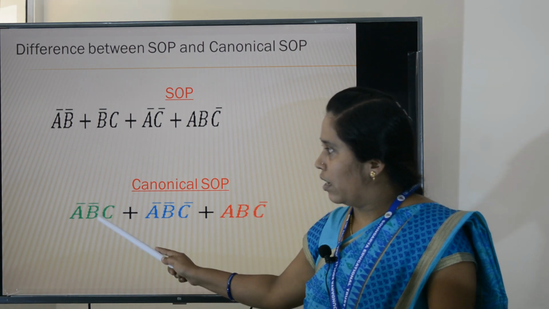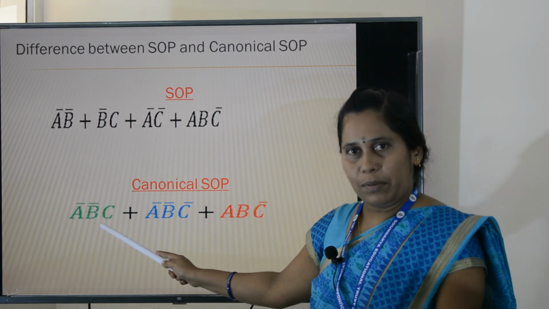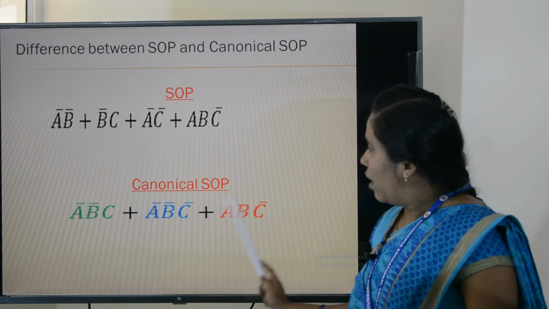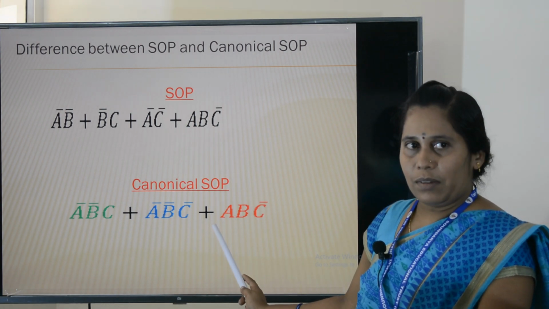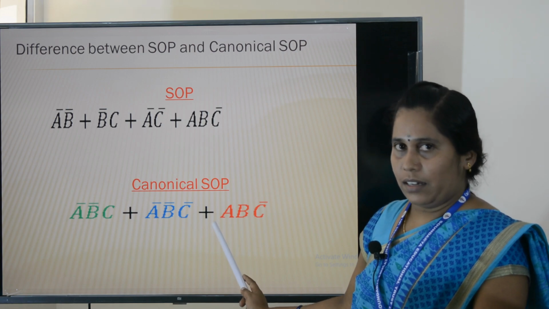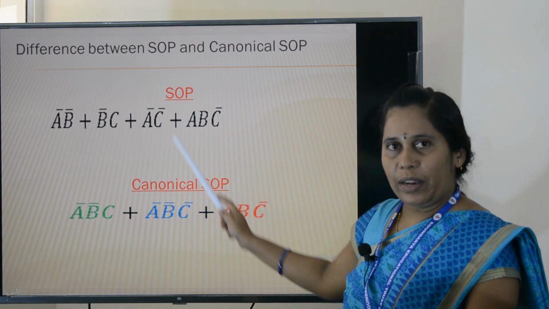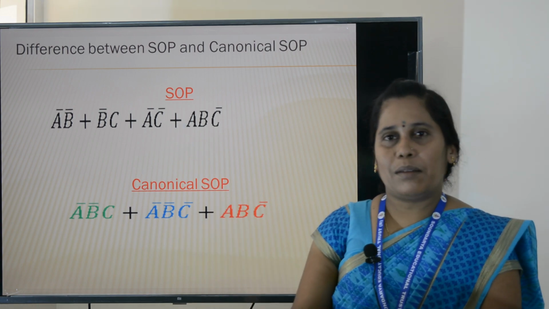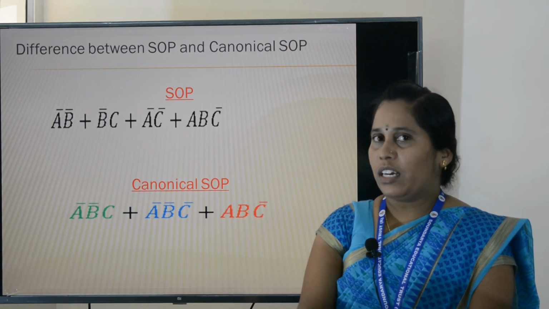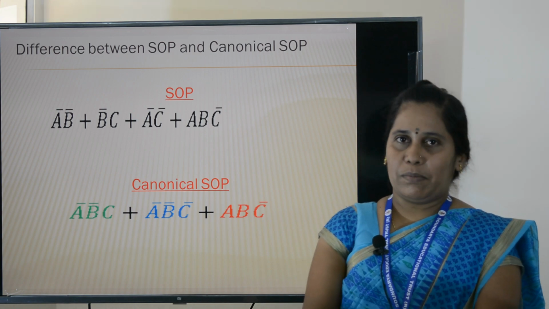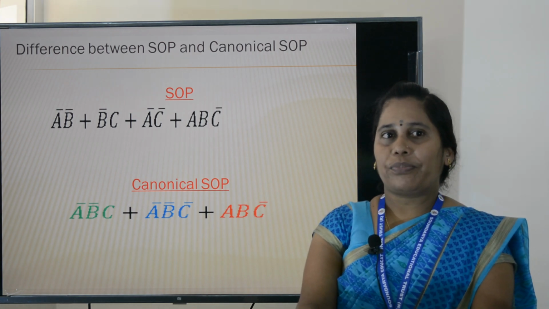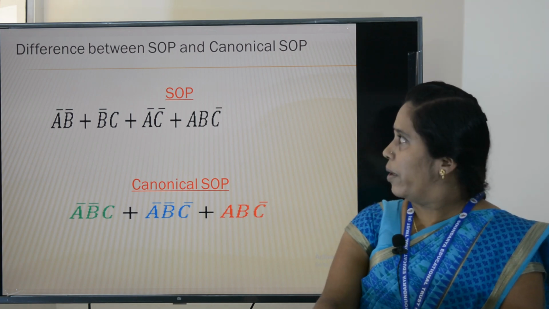In the first term, A, B, C, three variables are present. In the second, three variables are present. And the third also, three variables are present. So the difference between SOP and canonical SOP: in the SOP some of the variables are missed out, but in canonical SOP all the variables must be present. That is the difference between SOP and canonical SOP.